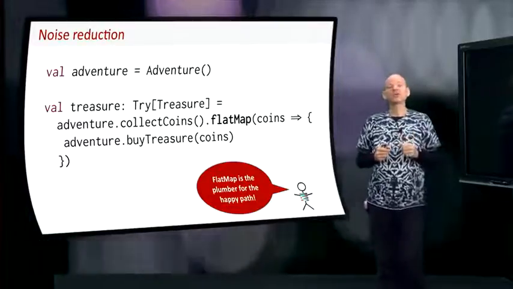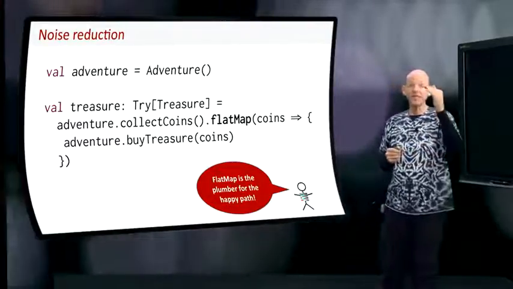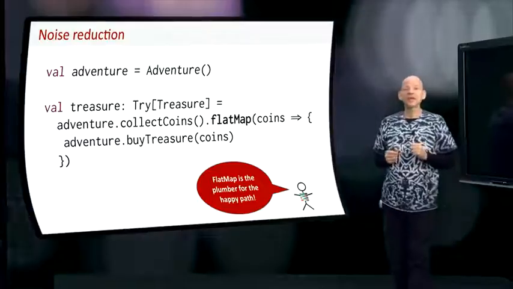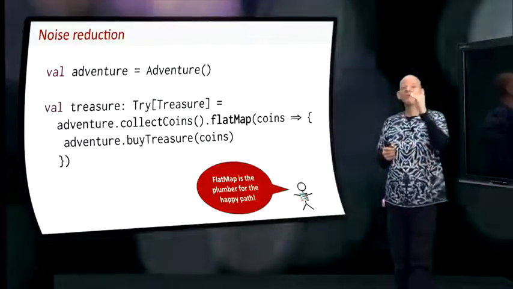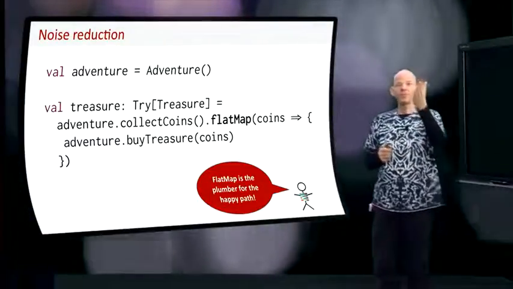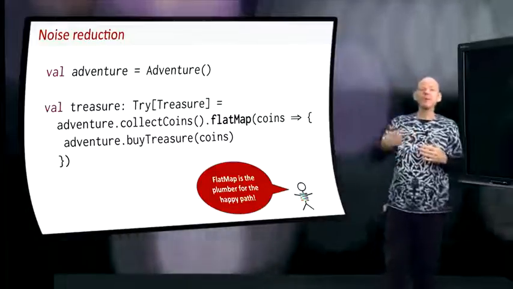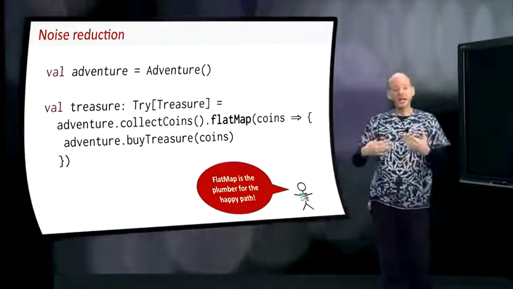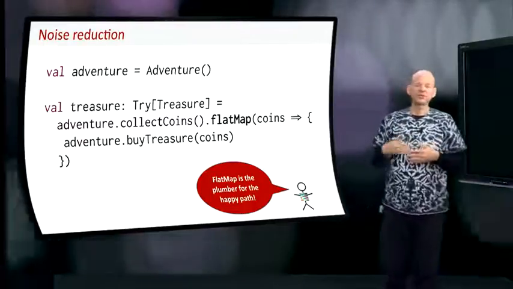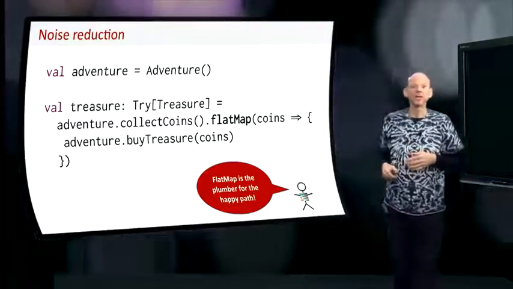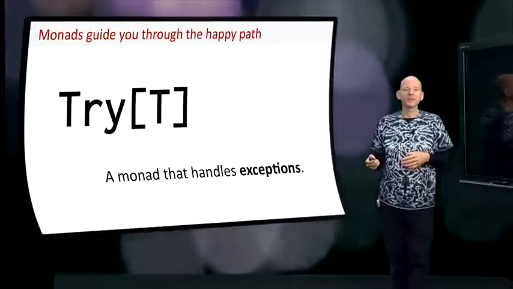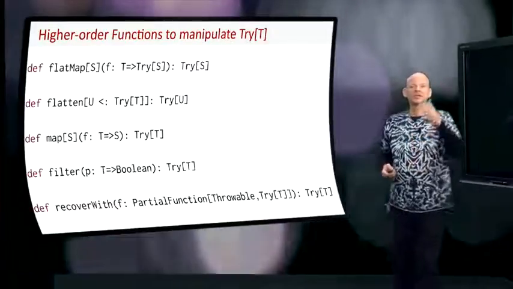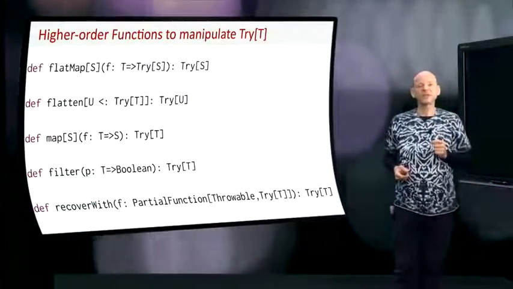So let's do some noise reduction here. We still call our constructor. And now what we do is we say collectCoins, and then we flatMap the function buyTreasure on the coins. And the flatMap will unwrap the Try of t, and if it's Success, it will give us the coins such that we can call buyTreasure. And if we flip back two slides, you see that the type of flatMap is exactly what we need.